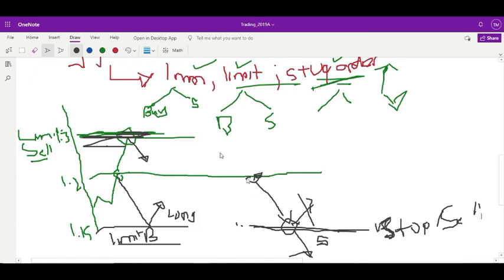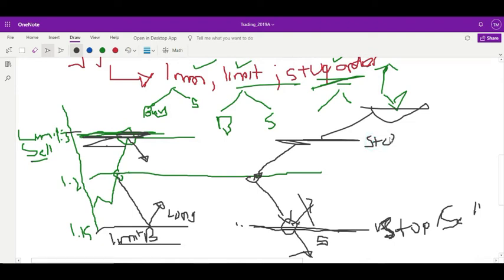So what about the opposite? The opposite is still true, right? If the markets go up, if it reaches $15, you want to go long, right? You are anticipating that if it hits $15, the markets will go long. So you place what we call a stop buy.